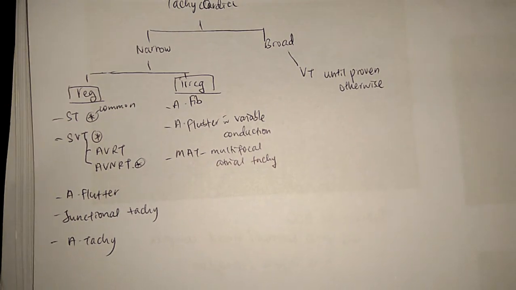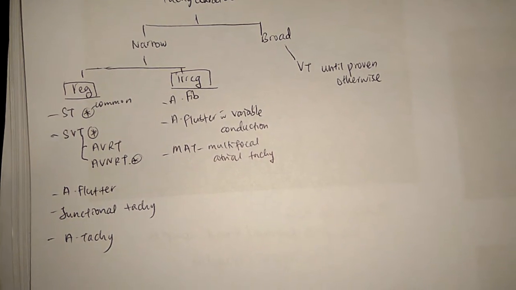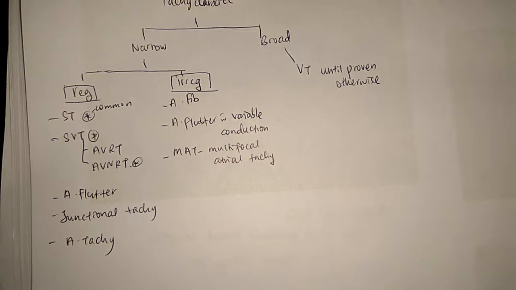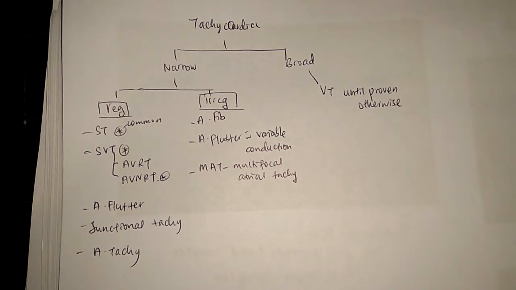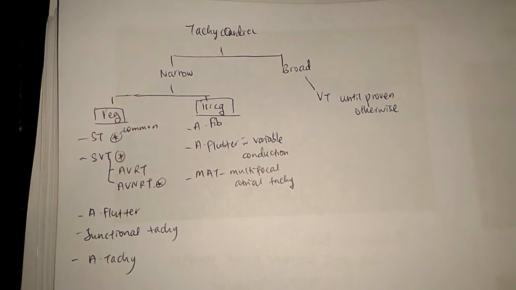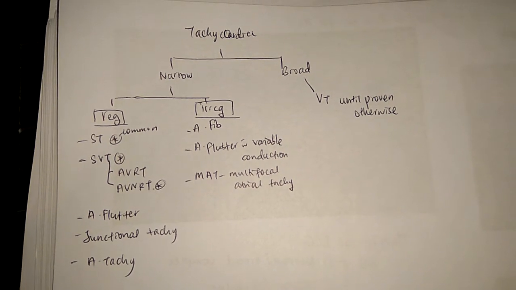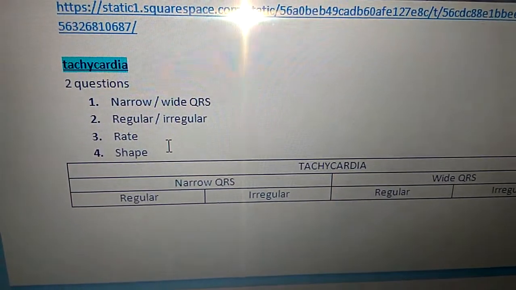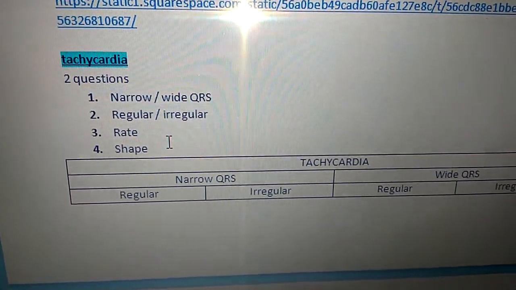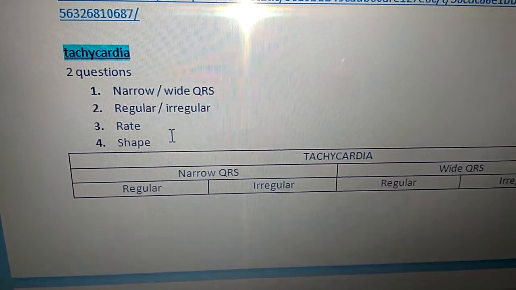Alright, let's discuss tachycardia. For tachycardia, there are two important questions you have to ask in looking at the ECG: whether it is narrow or wide QRS, regular or irregular. However, I would like to include the rate and also the shape.